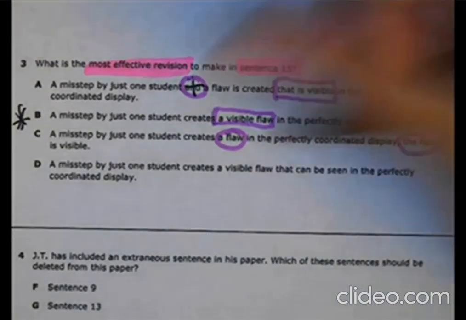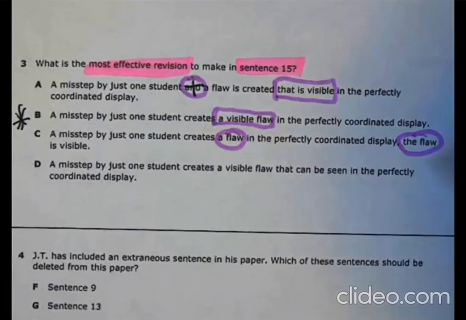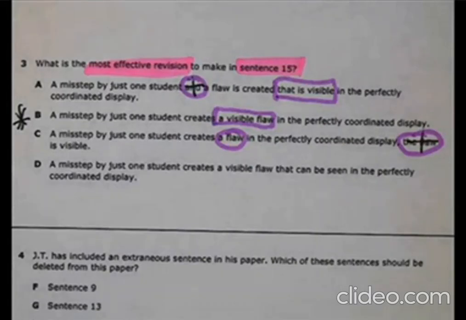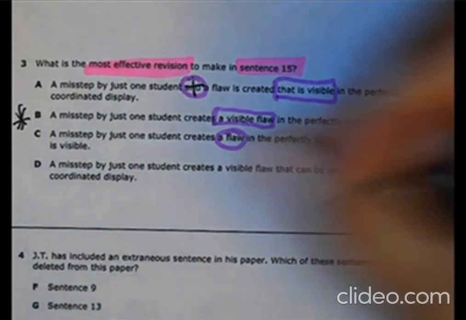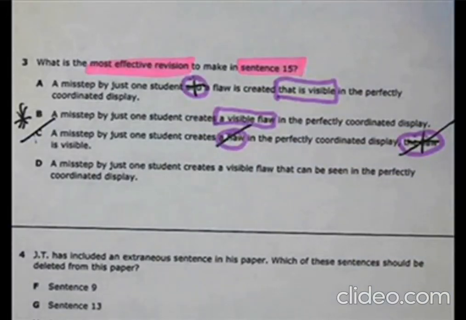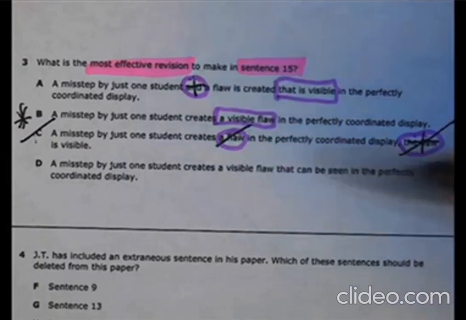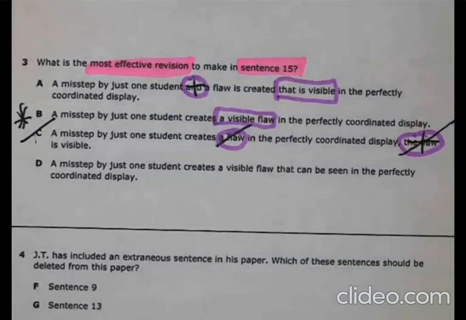I don't know which one you want to mark as added, because there's just an additional flaw. I'm going to mark this whole phrase, "the flaw," as added. But it's doubled up. They repeated it. So because of that, I can eliminate C. See that? Beware of the doubles in the answer choices when they add those.